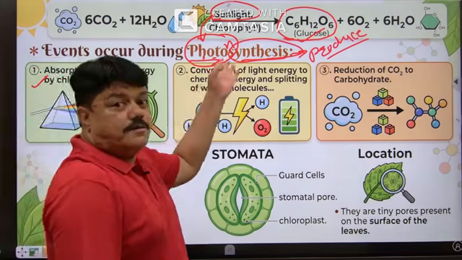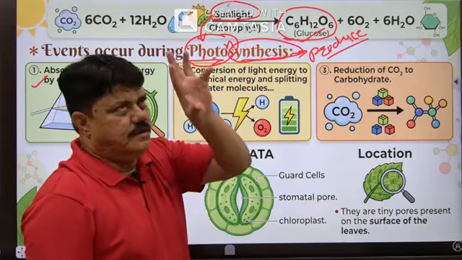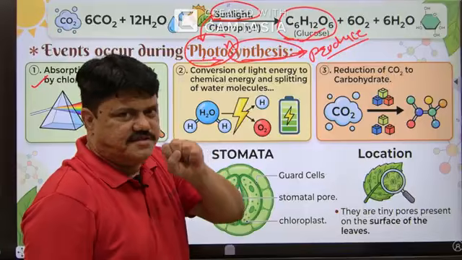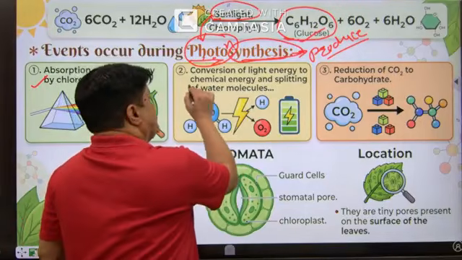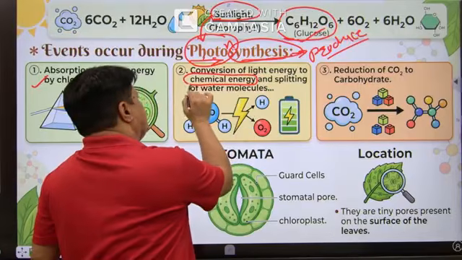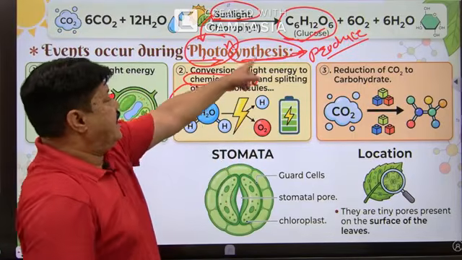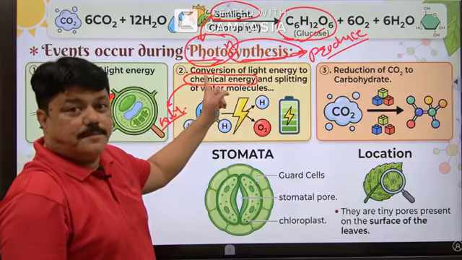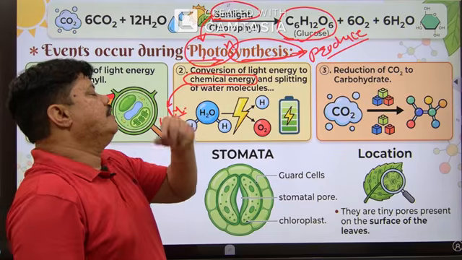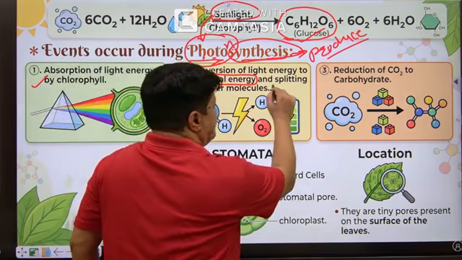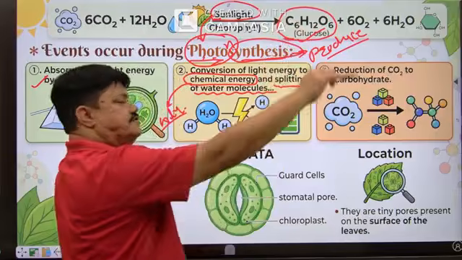Second, conversion of this light energy into chemical energy. The energy of light from photon rays is trapped by chlorophyll, and the material produced is glucose. So light energy is converted into chemical energy in the form of glucose molecules, but most importantly, splitting of water molecules.